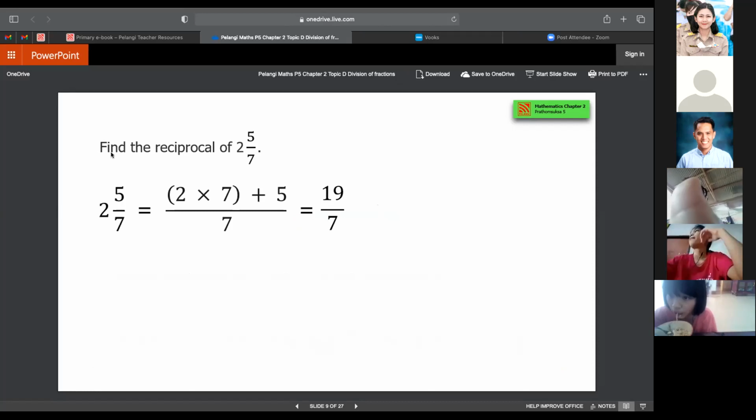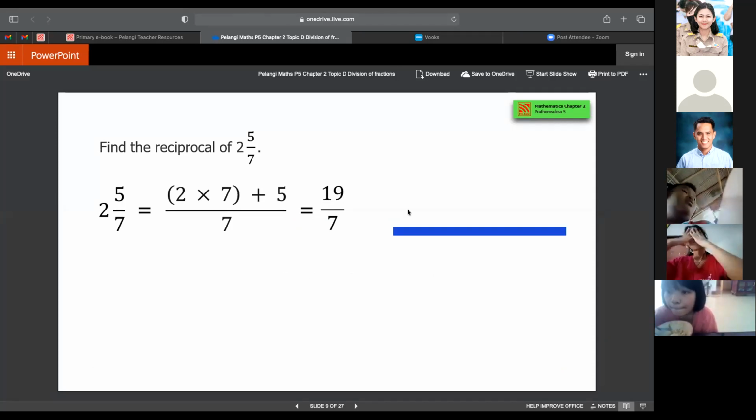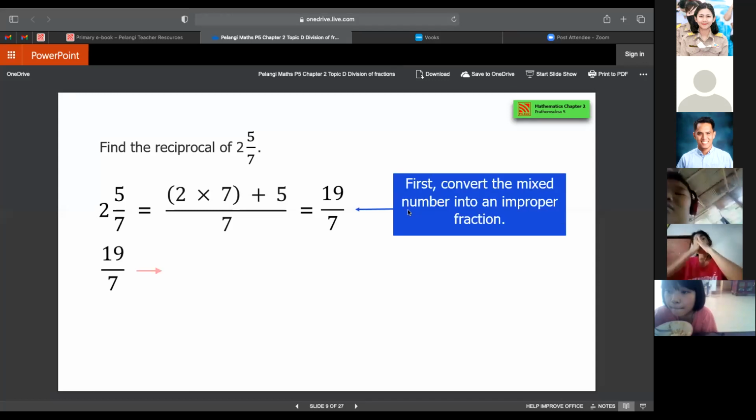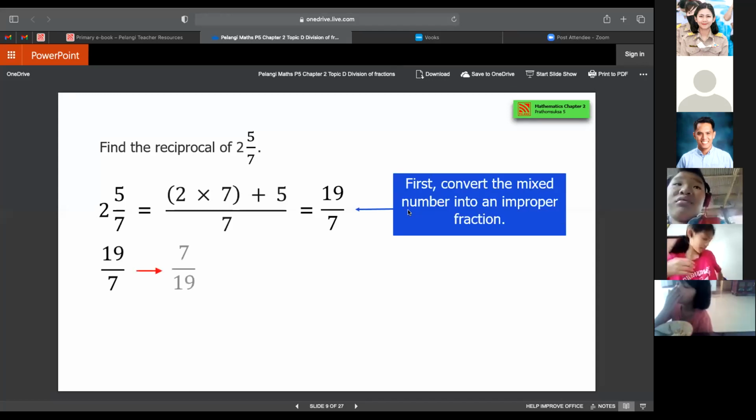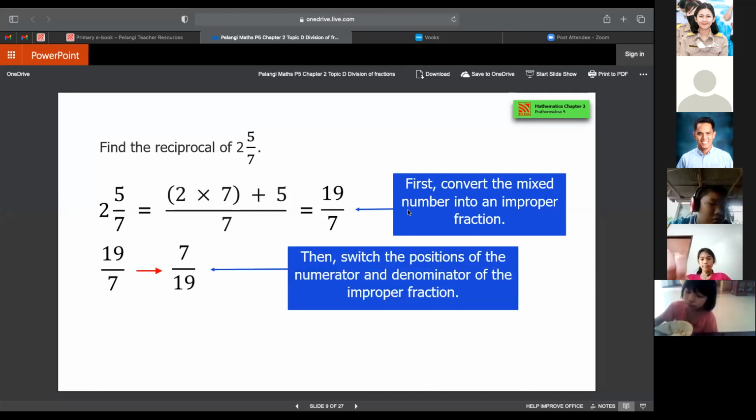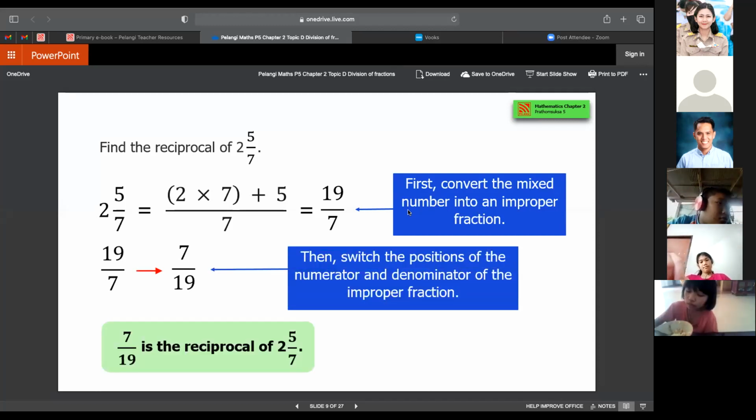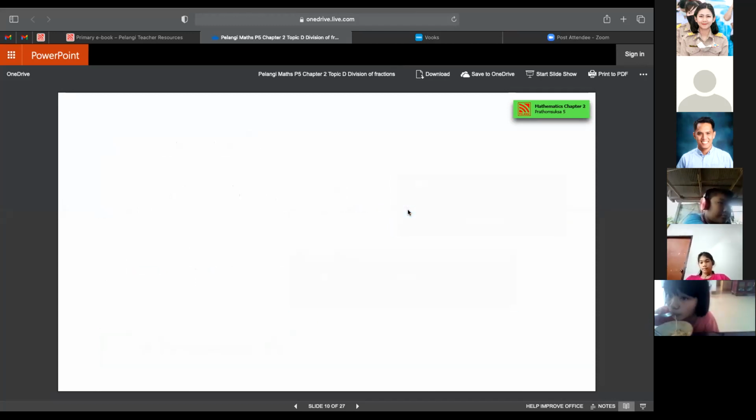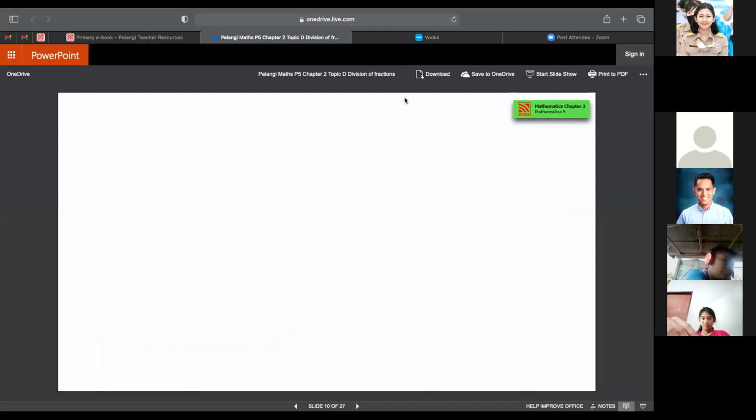So 2 and 5/7 is the mixed number. Improper fraction is 19/7. Now we have numerator and denominator. We just get the reciprocal. It's equal to 7 over 19. So the reciprocal of 2 and 5/7 is 7 over 19. Just remember that reciprocal.